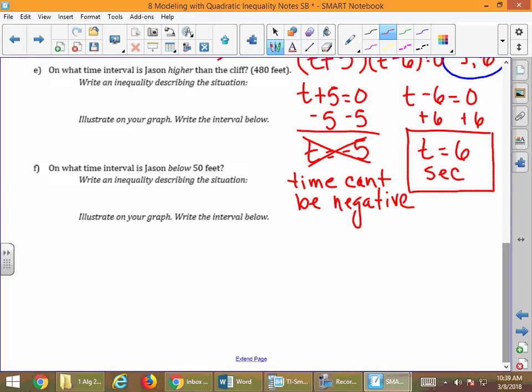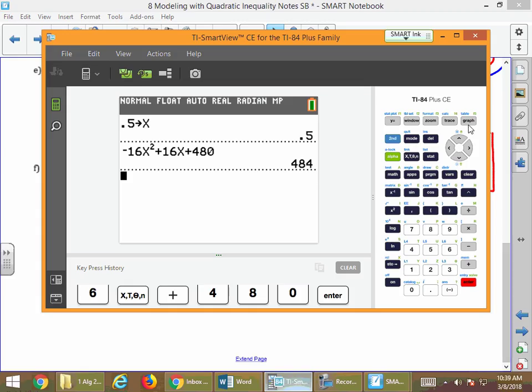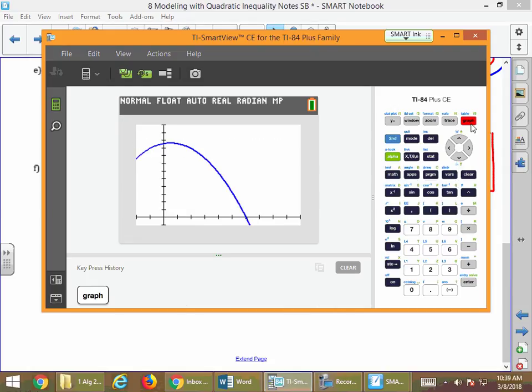The thing is, we did that by hand, but could your calculator have helped you find that? If we pull it back up on our screen here, we look at the picture, and we count 1, 2, 3, 4, 5, 6. That's where we hit the water. So if you have a good graphing calculator, that makes a difference.